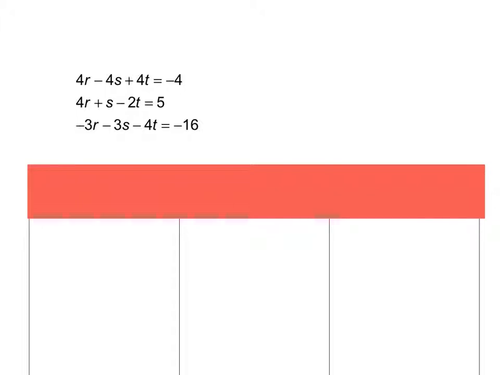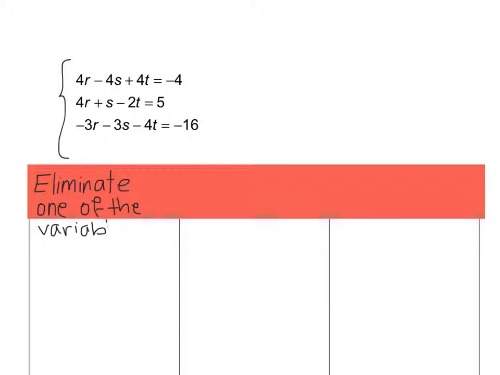Now let's look at this system of three equations with three variables, r, s, and t. Now the first thing we need to consider is eliminating one of the variables. So let's see which one is easy to eliminate. Is it s, is it r, or is it t?